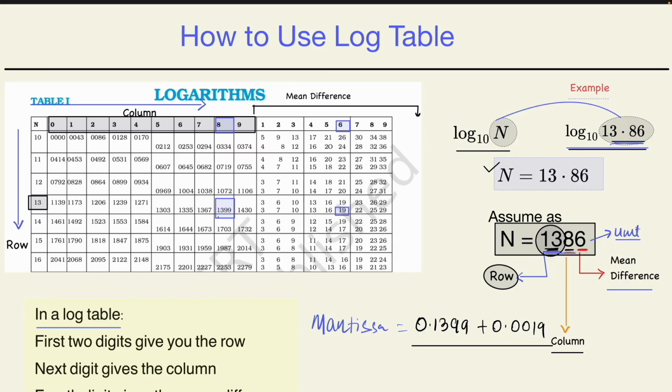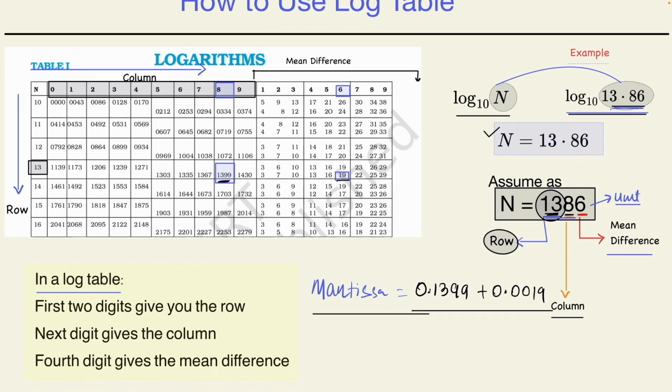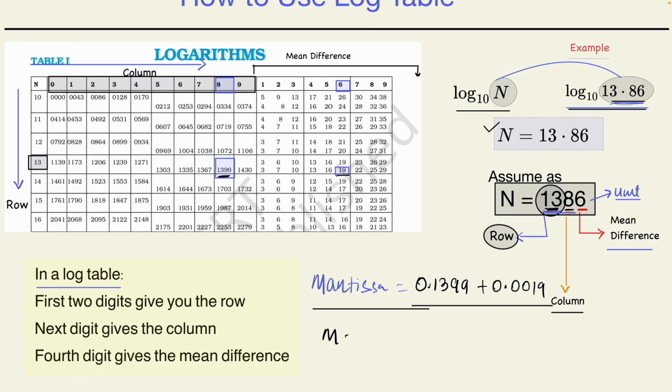So even if these values are not in decimal, we write them in the form of decimals. So 1399 in decimal we write as 0.1399, plus this mean difference 19, we write in 4 decimal places as 0.0019. This is a very important concept. If you understand this, then everything looks easier to you. So here we can say that the Mantissa value is equal to 0.1418. So we got this Mantissa.